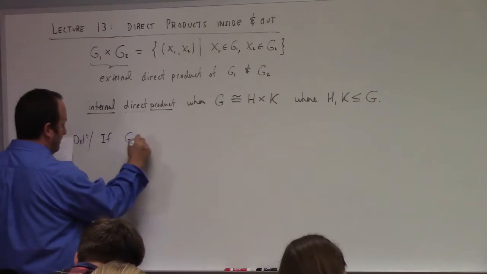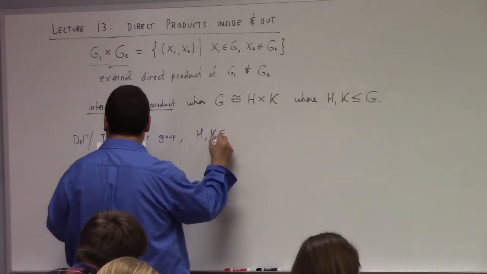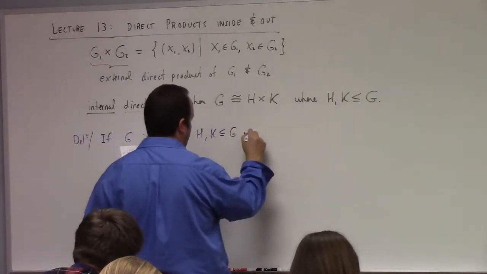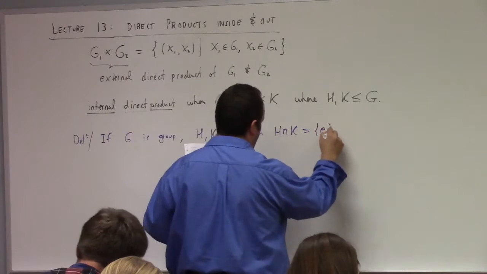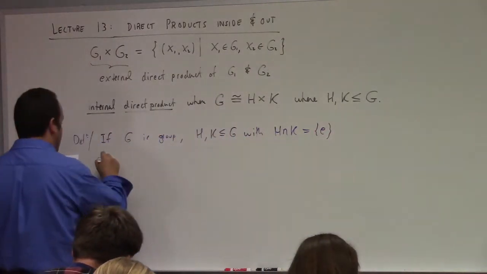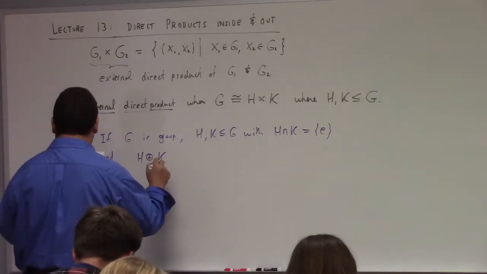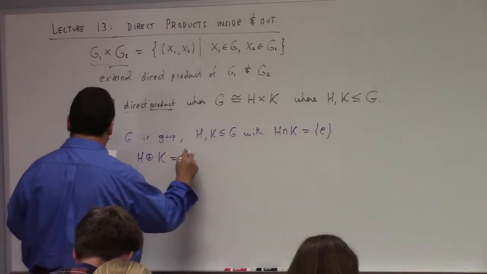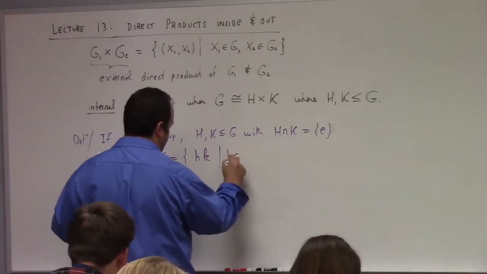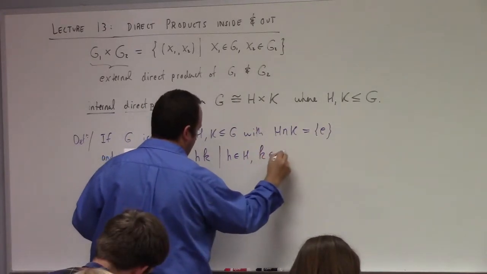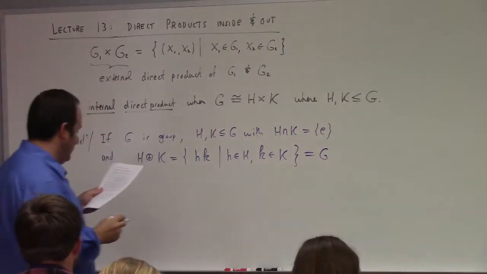If G is a group, and H and K are subgroups of G with H intersect K being the set containing the identity, and the direct product H ⊕ K equals the set of products hk, such that h is in H and k is in K, if that is equal to G.